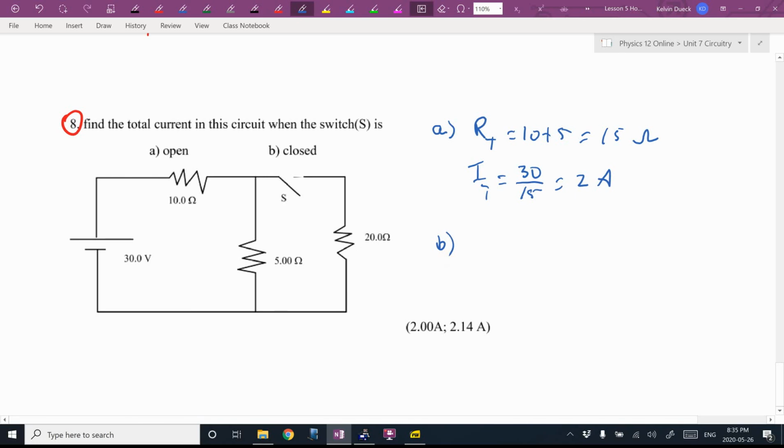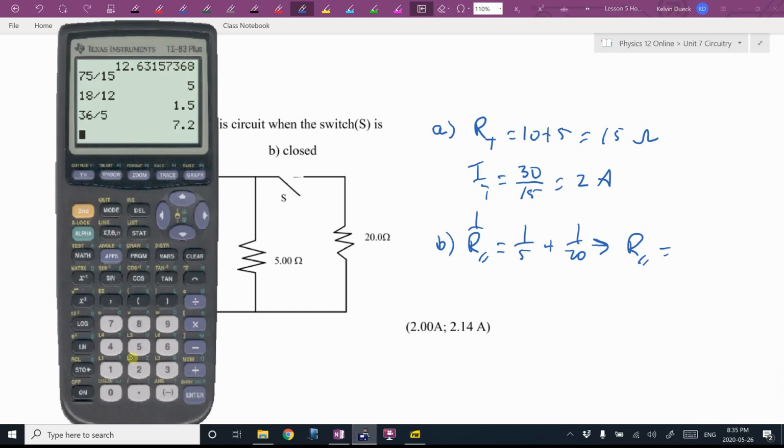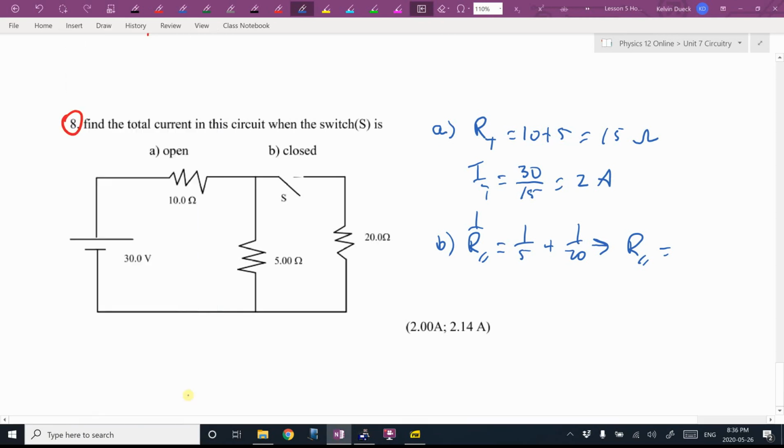When it's closed, 1 over R parallel is going to be 1 over 5 plus 1 over 20. So our parallel is going to be 4, 5 reciprocal plus 20 reciprocal equals reciprocal. And so our total is going to be, by the way, notice when I combined these two, there was a 20 and there was a 5 in the parallel.